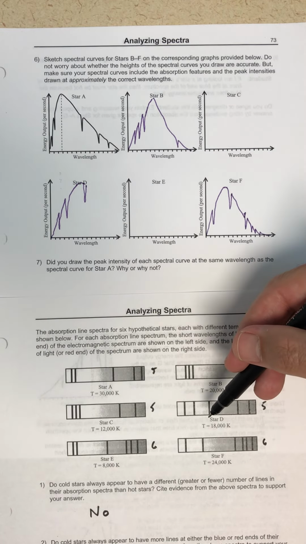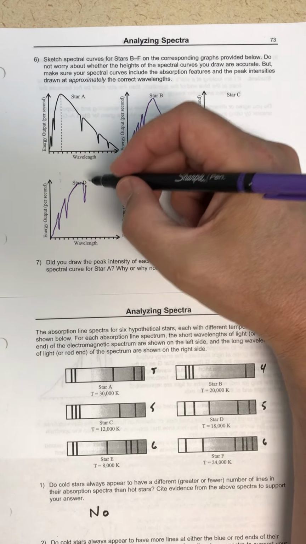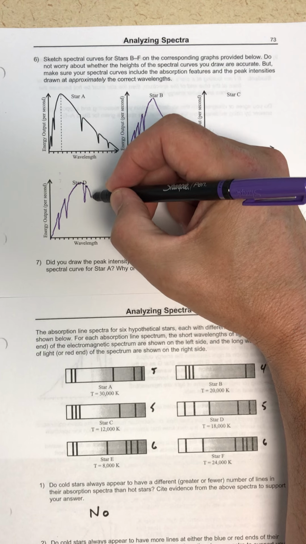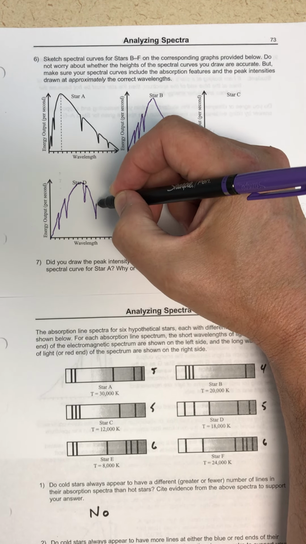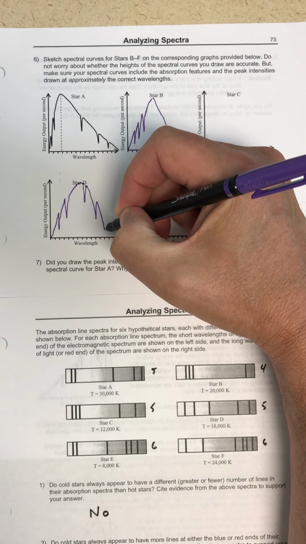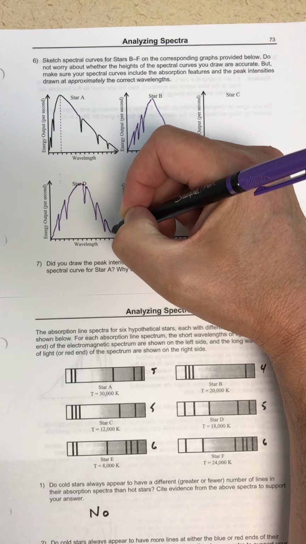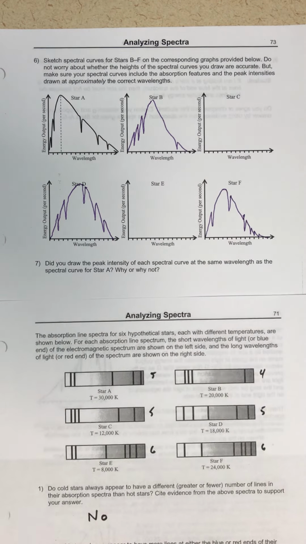And then star D, I have 2 as I go down. So something like that.